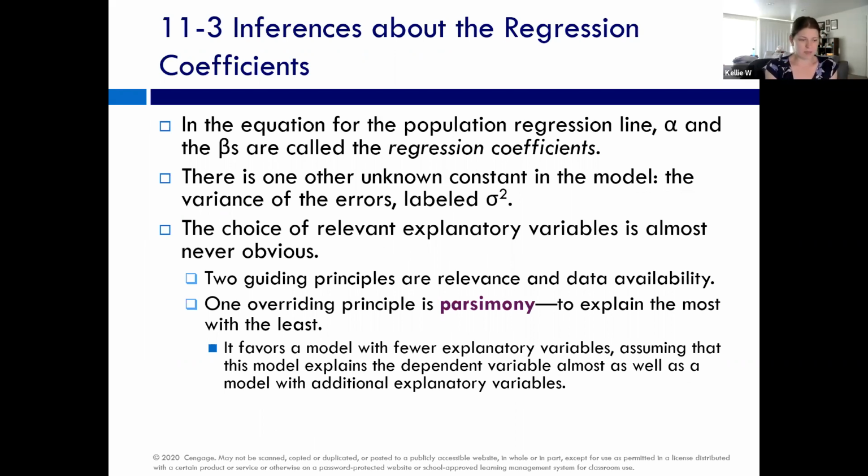So if you have a model that predicts a dependent variable nearly as well as a similar model that has additional explanatory variables, you should always choose the model with fewer, even if it's slightly less favorable when you use it on your training data, because every time you add an explanatory variable, you add another unknown population error term into your equation. And so you're just adding more variability in the data.